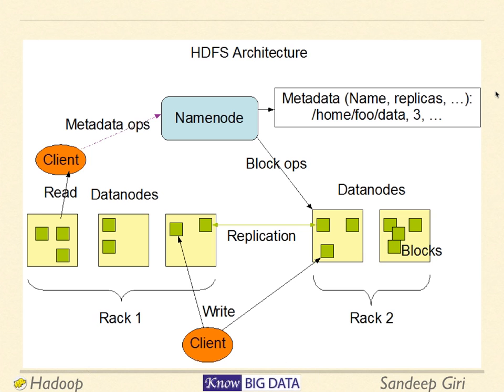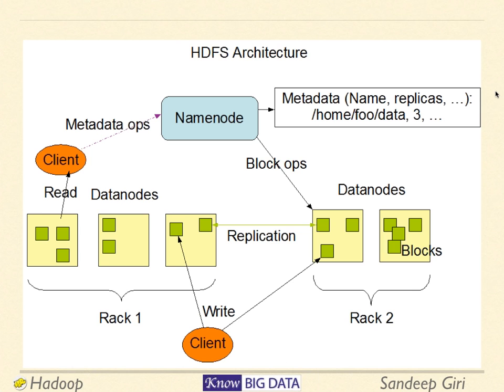Now, whenever you have to write a file, say you have a 1 terabyte file, or a 1 GB file, you ask the name node, hey, I want to store a 1 GB file. Do you have computers available, and can you tell me to which data nodes I should be writing?